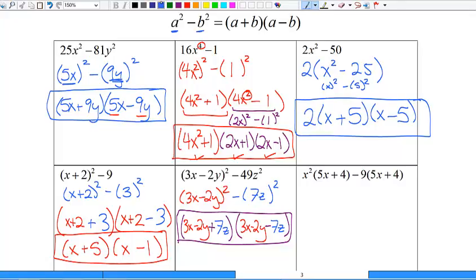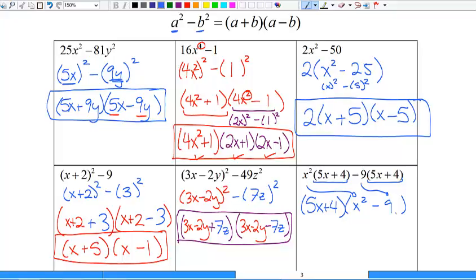On this next problem, it looks like I may have a GCF right in the beginning. So you see this 5x plus 4 and this 5x plus 4. I'm going to factor that GCF of 5x plus 4 out, and then I'm left with x squared minus 9. And that one GCF made that problem look a whole lot more simple.